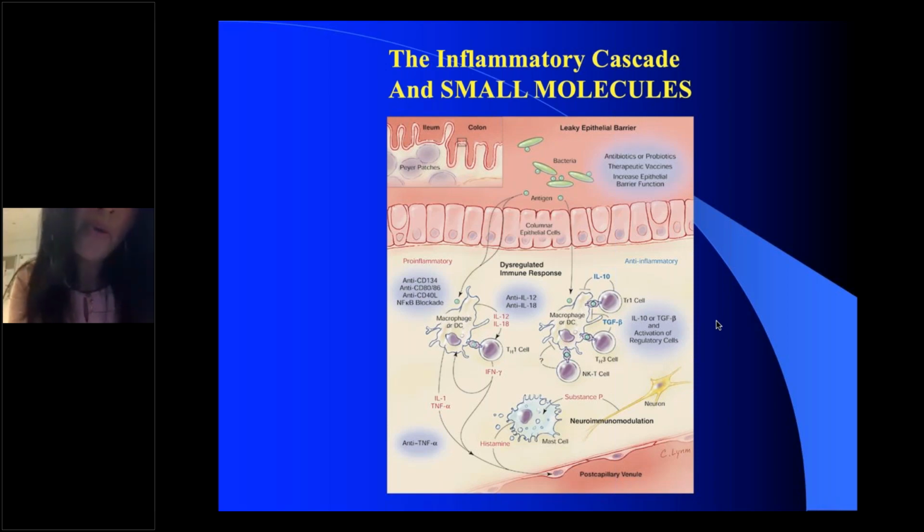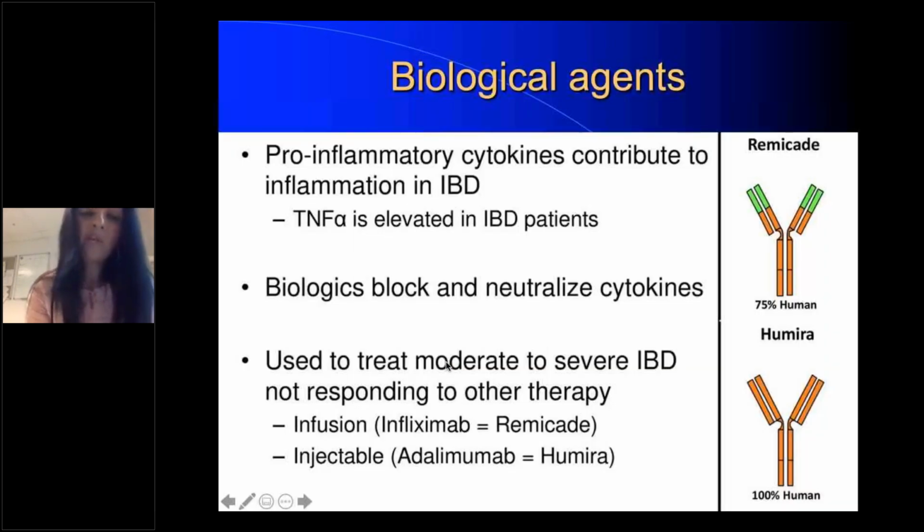So we know with intestinal inflammation that the anti-TNF molecule is involved, and this is the TNF alpha that mediates the cytokine pathway in causing intestinal immune reactions. So actually, how do our biological agents work? Well, they are blocking the pro-inflammatory cytokine TNF alpha, which we have proven is elevated in IBD patients, and therefore they're neutralizing the cytokine pathway in inflammation.